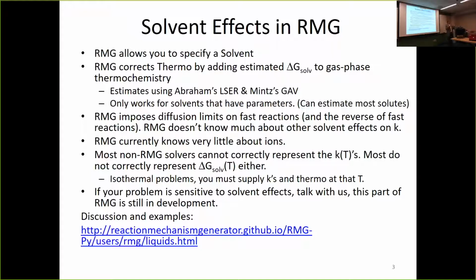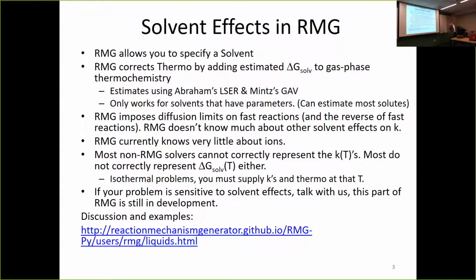And so that hindrance is picked up by RMG. It's really based on the viscosity of the solvent. So for the 16 solvents that we have the Abraham parameters for, I think we also have the viscosities for all of them. And so it estimates the diffusion limits from the viscosities and from the size of the solutes.